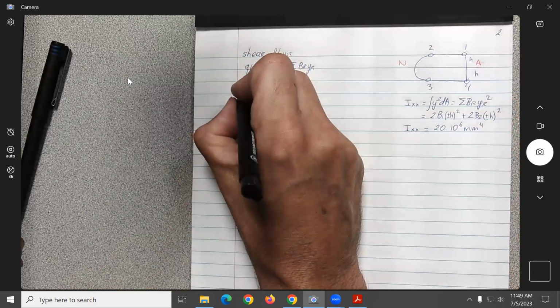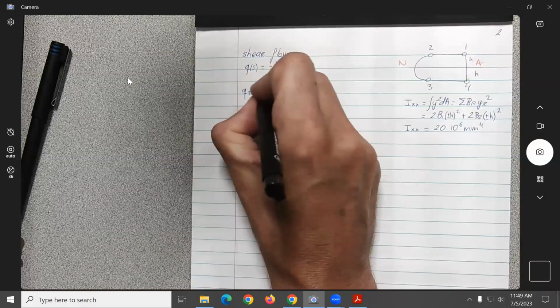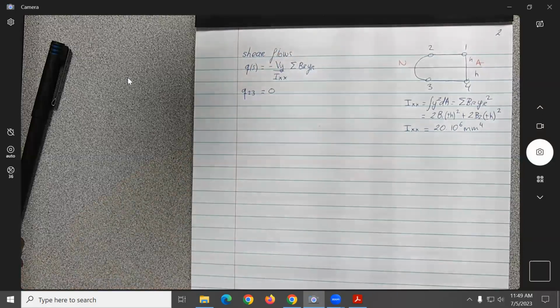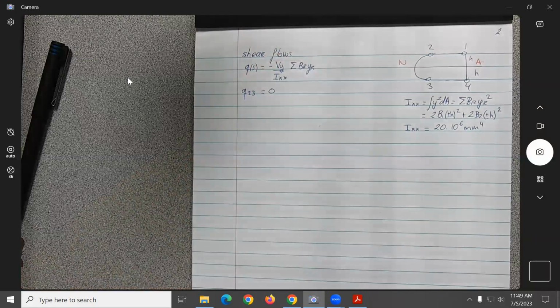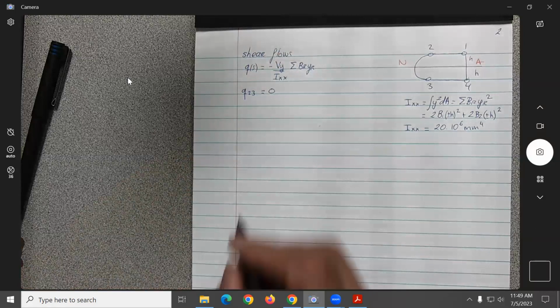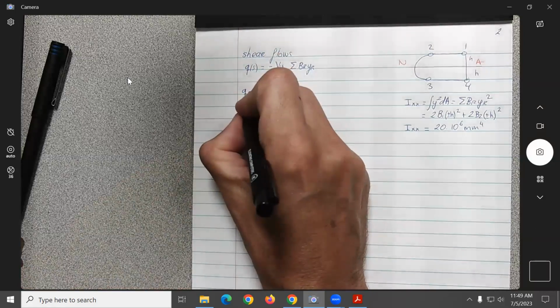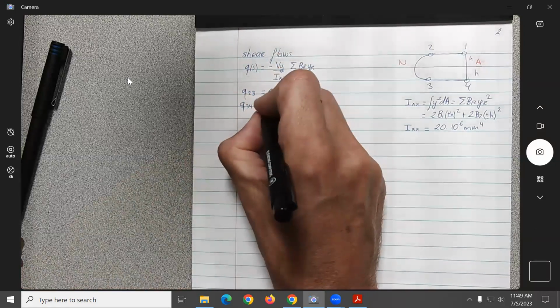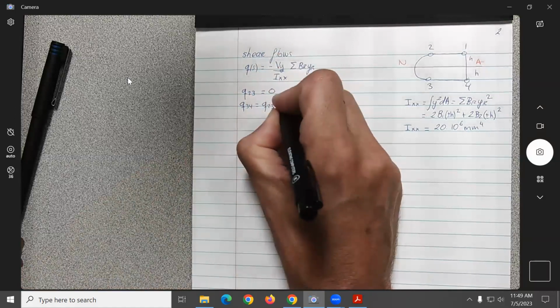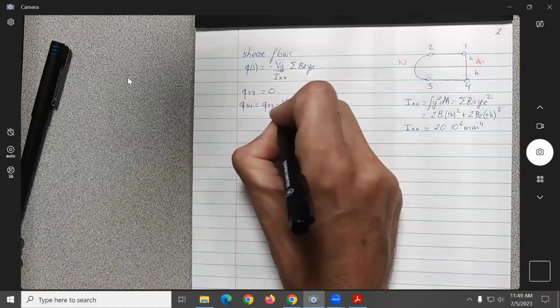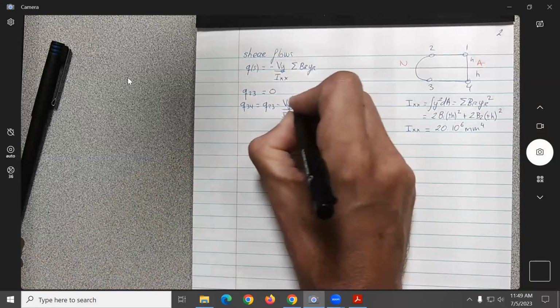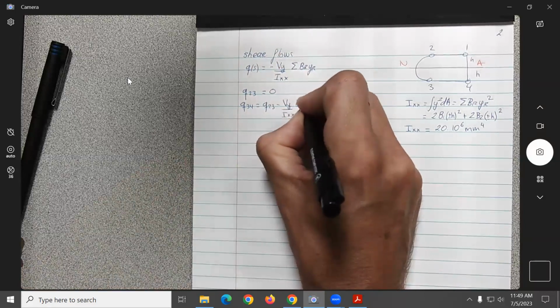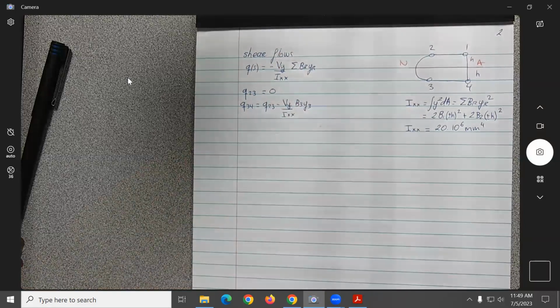Okay, so using that information, we know that q23 is equal to 0. So next, what can we calculate? We can calculate q34, which will be equal to q23 minus Vy over Ixx of B3 y3.